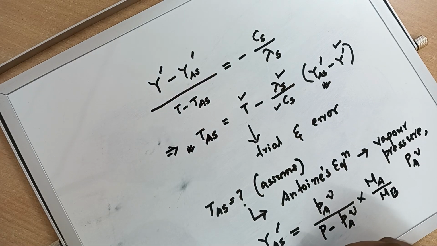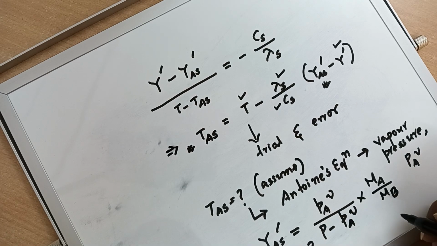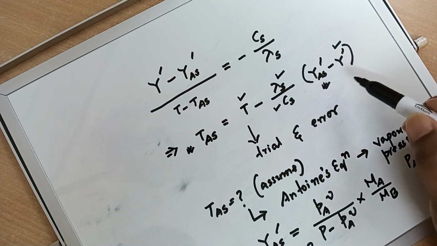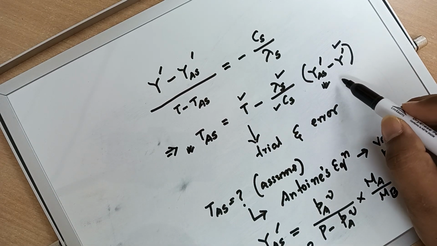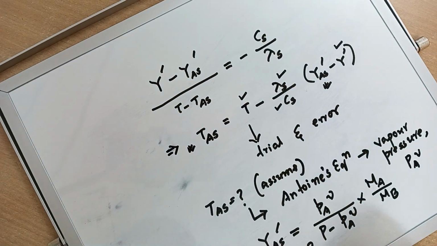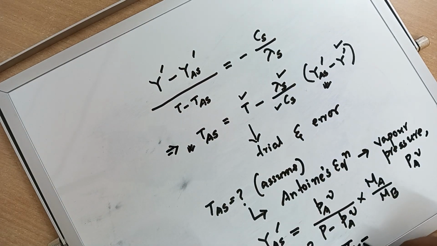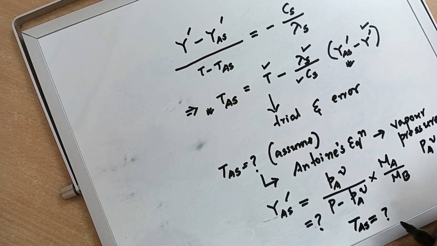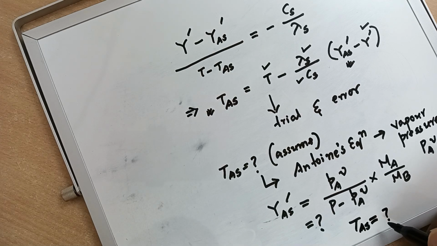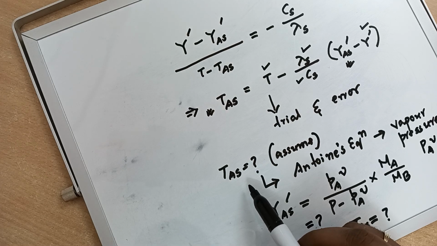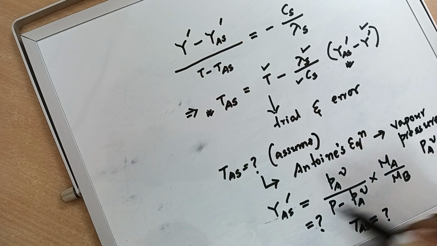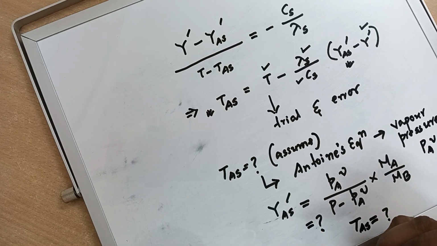You can find the value of YAS using this relationship, and then put the value of YAS in this equation and check whether you get the same assumed TAS or not. If the assumed value of TAS and the value that you got for TAS match, then your approximation of TAS is correct, and that will be your adiabatic saturation temperature, and correspondingly YAS is going to be your adiabatic saturation humidity.